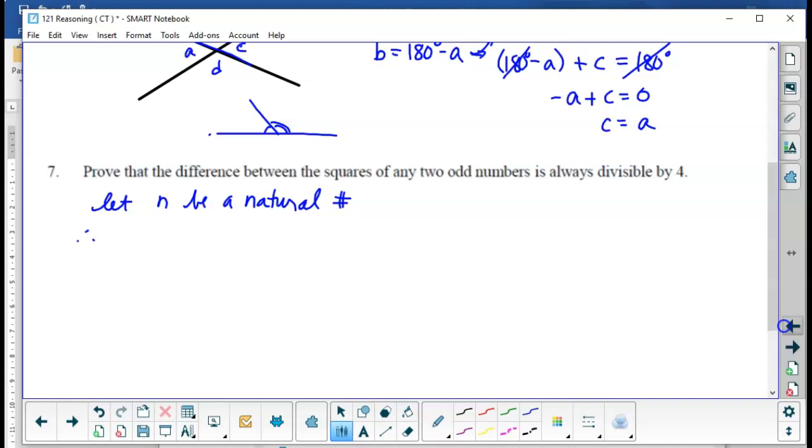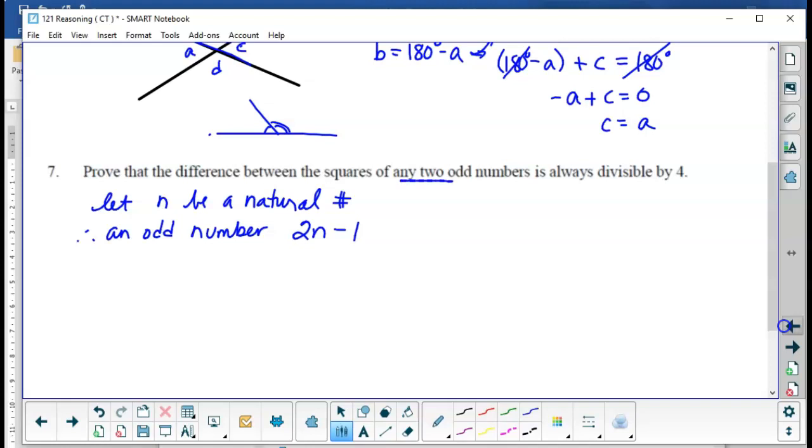Therefore, an odd number we could write as 2n, either minus 1 or plus 1. I'm going to do minus 1, because if n was 1, 2 times 1 is 2, minus 1 is 1. If you use whole numbers, you'd want to start with 2n plus 1. But for natural numbers, an odd number is 2n minus 1.